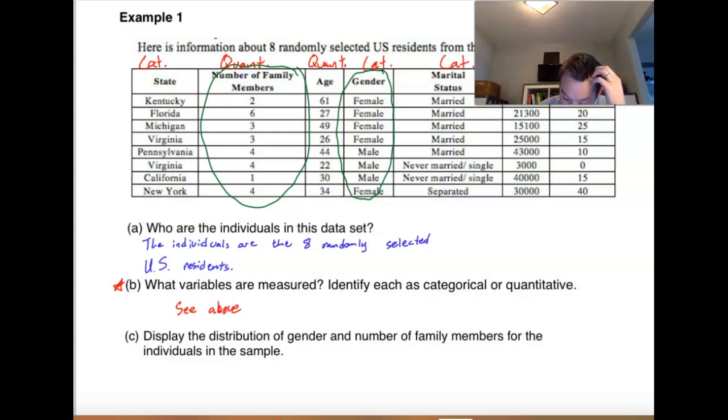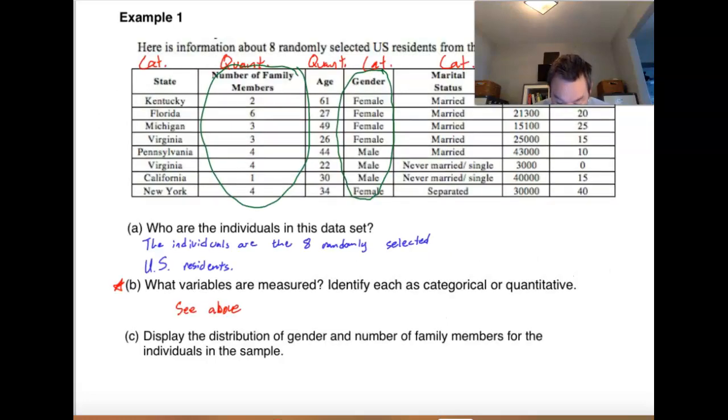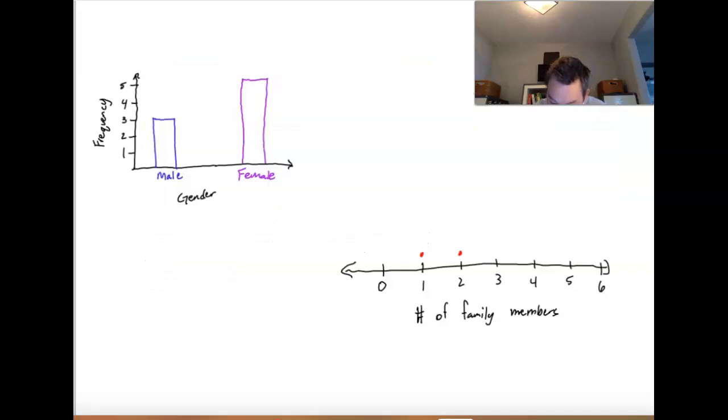So it looks like there's only one 1 and there's only one 2, so I can just go like that. We have 2 3s. I think 3 4s.